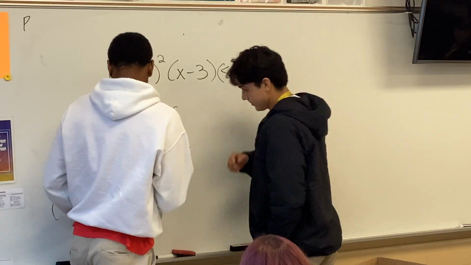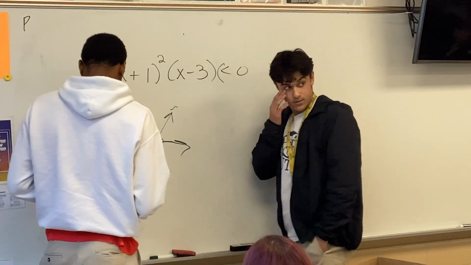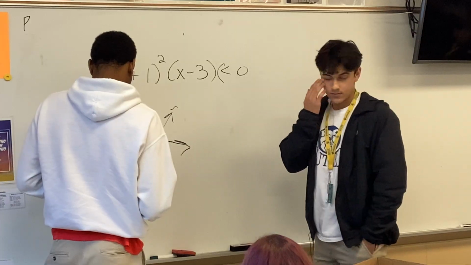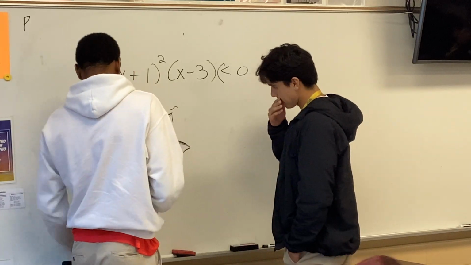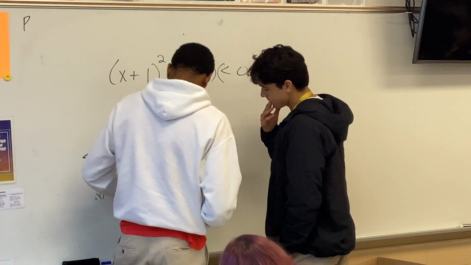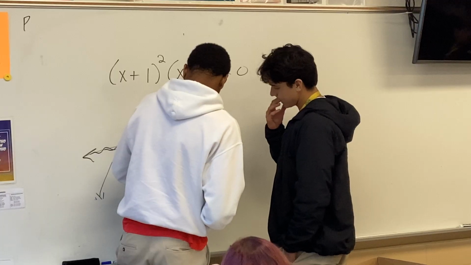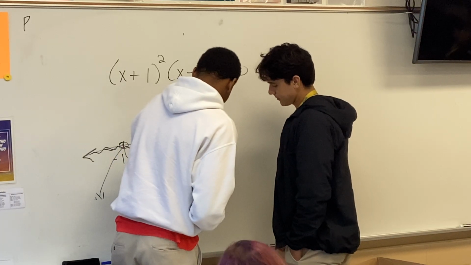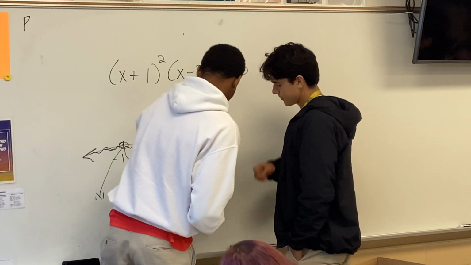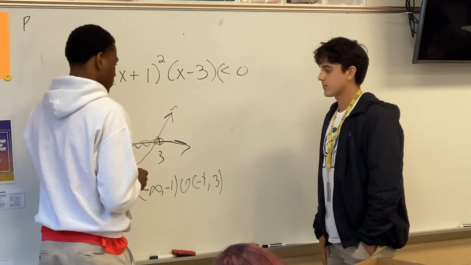Actually, you can't do that because -1 is an open dot. So it breaks it up. So you'd have to go negative infinity to -1, and then -1 to 3. If that had been a closed dot, Zion, you could absolutely go straight through.